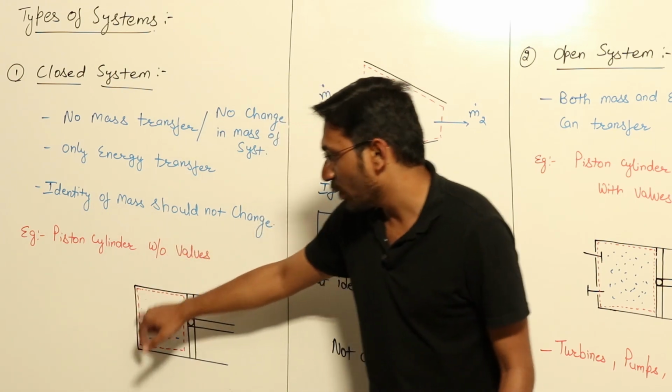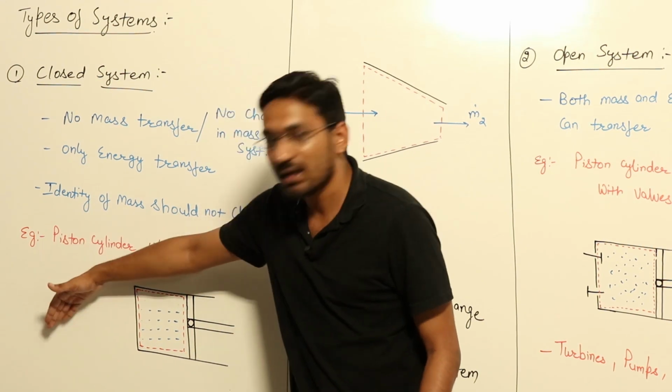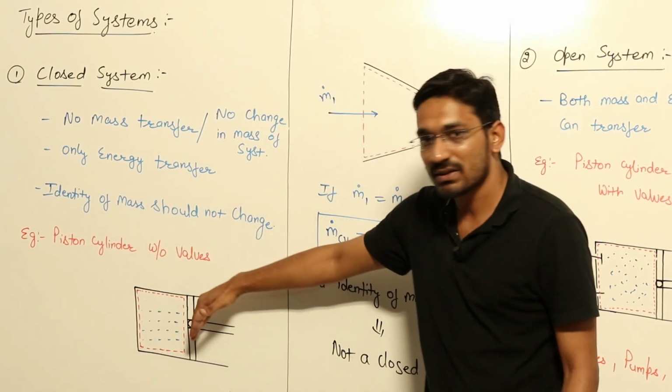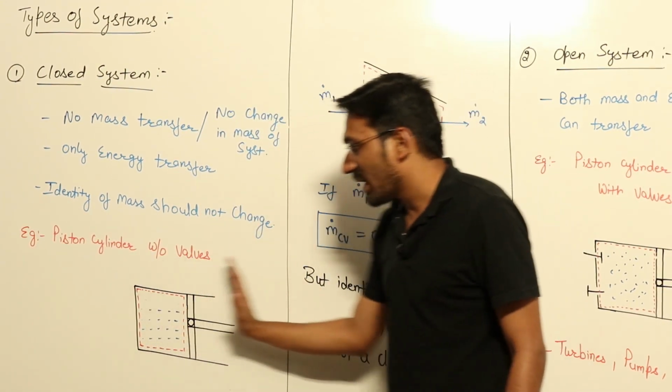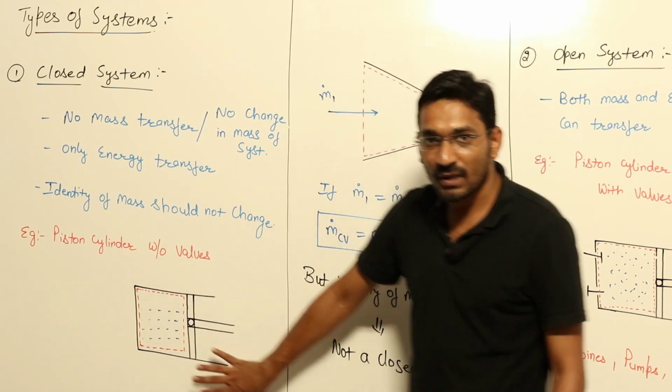Because there are no valves, no air or fluid can enter the system, only energy transfer can take place. So this is an example of a closed system.